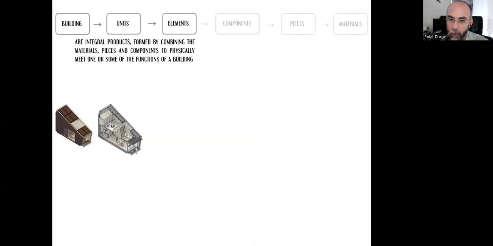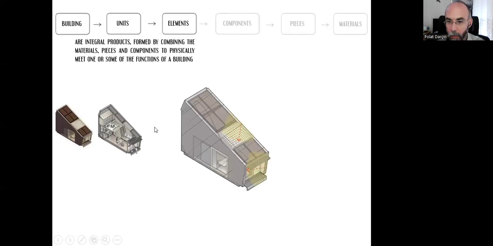These are the integral products. They can be formed by combining the materials, pieces, and components so that these elements will physically meet one or some of the functions of these buildings. These functions are either protection from noise, protection from heat transfer, protection from cold, or specific functions such as preparing food, taking a shower, etc. These are the building elements.